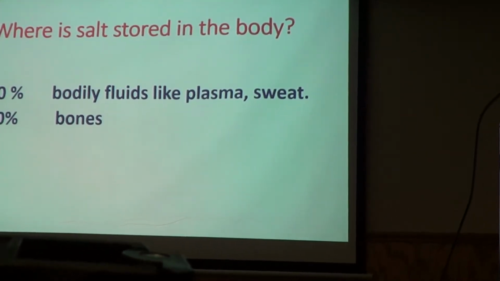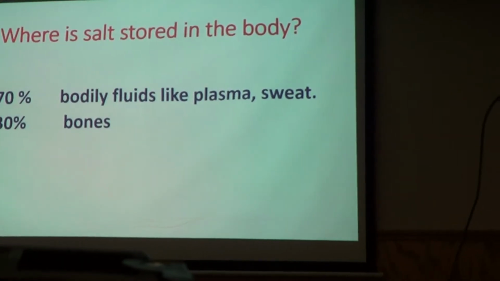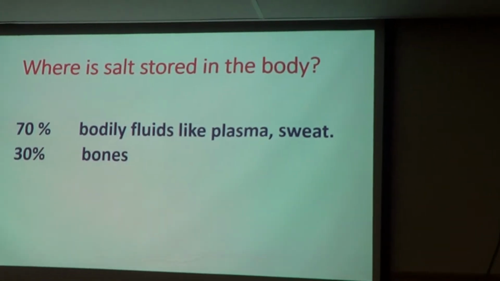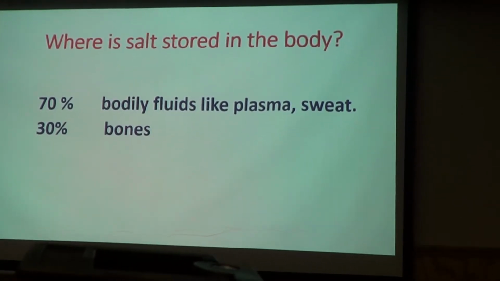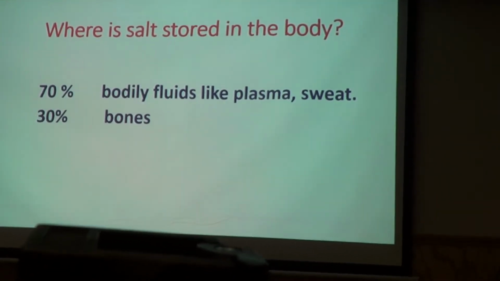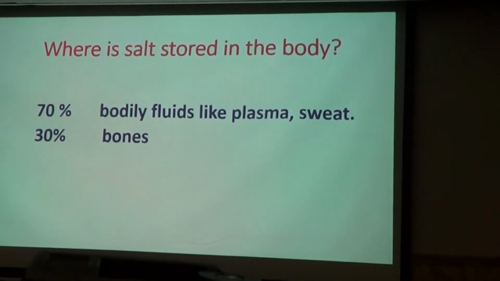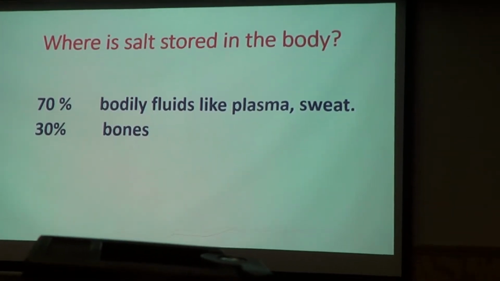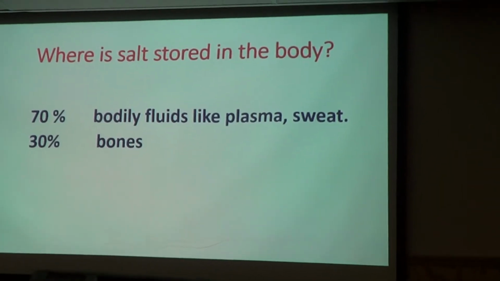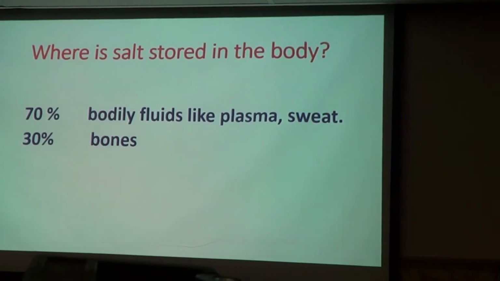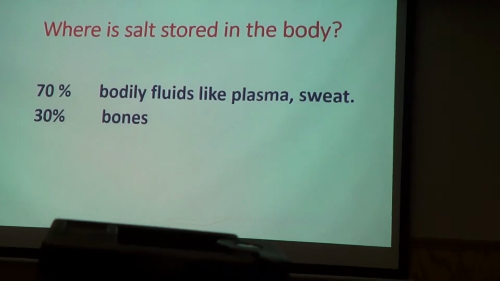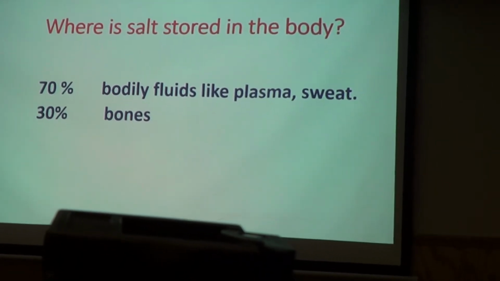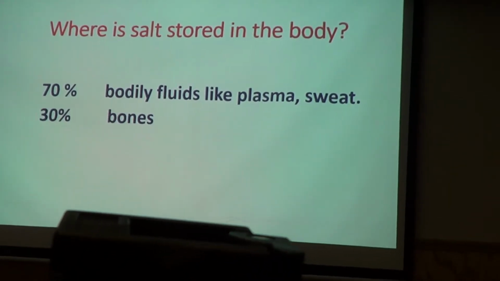Because if you take general cell other than the bone, the salt is very little. Remember, salt is not a feature of the cell, inside of the cell. Sodium does not go inside the cell. Its place is taken by potassium. Bone is an exception.